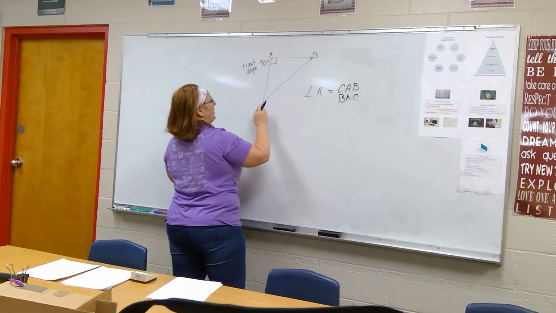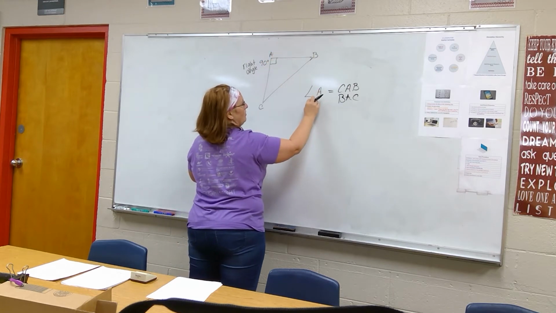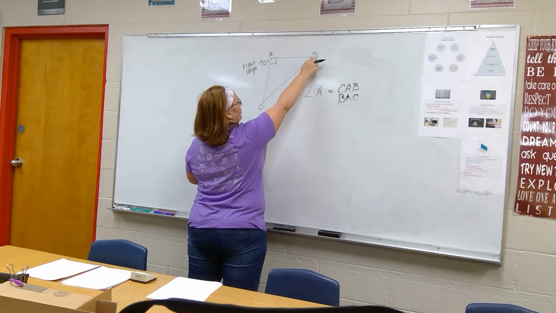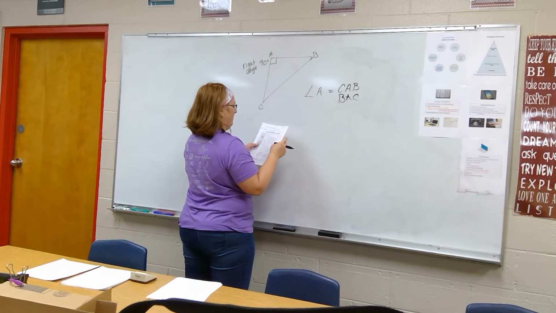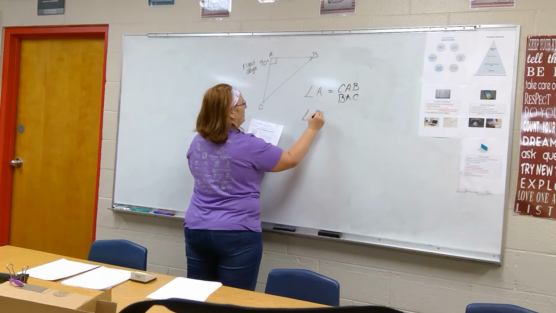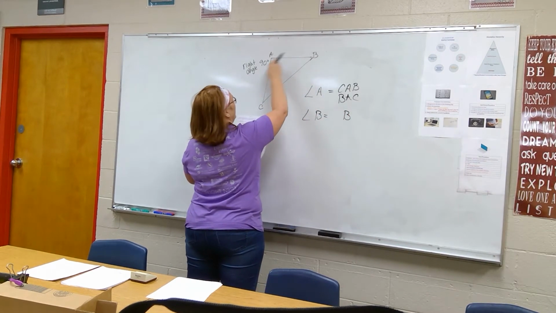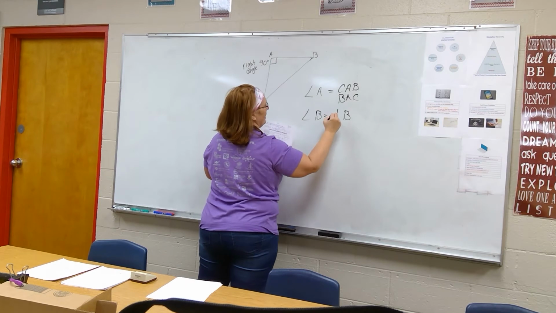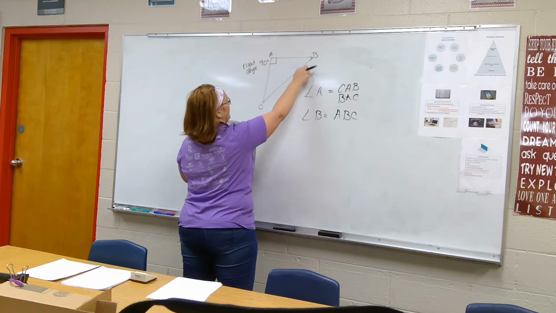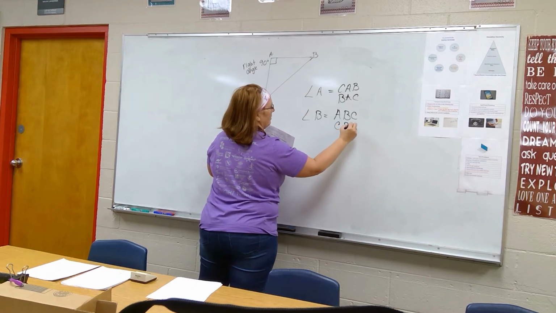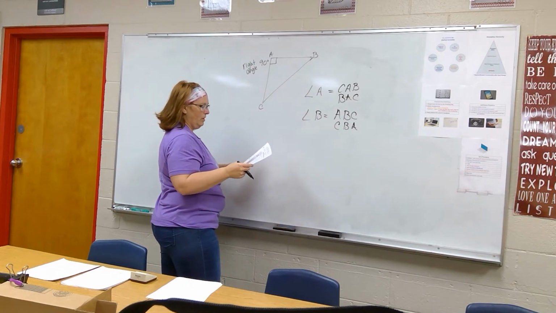Both of those are correct because you could start here and go CAB, A is in the middle, so that's our angle. Or you could go BAC, A is still in the middle, so it's still angle A. Angle B, it needs to be in the middle, could be called ABC, or it could be called CBA. B is still in the middle, it's still the angle.